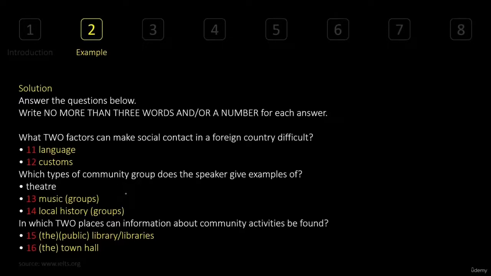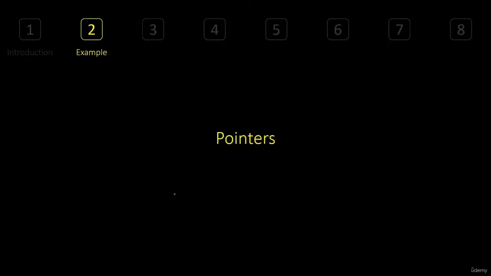If you got full, 6 out of 6, wonderful. If not, don't worry. Like always, we're going to provide you pointers. Those are going to help you to get the answers correctly. Pointers are again the same thing as we discussed earlier. These are the tips that are going to help you to find answers easily.